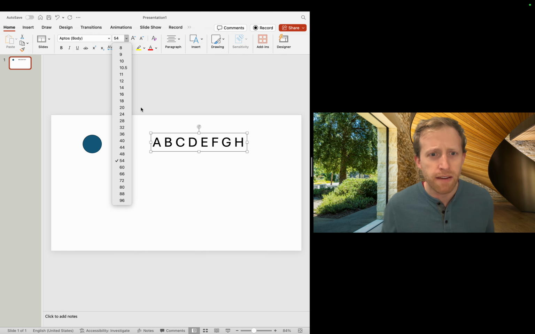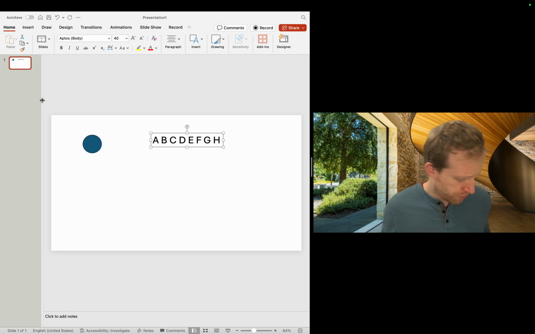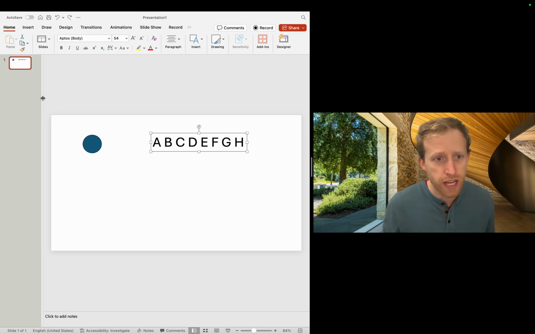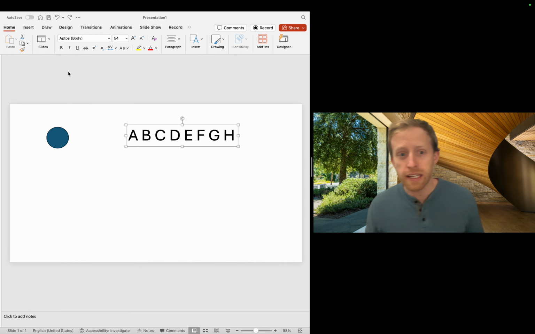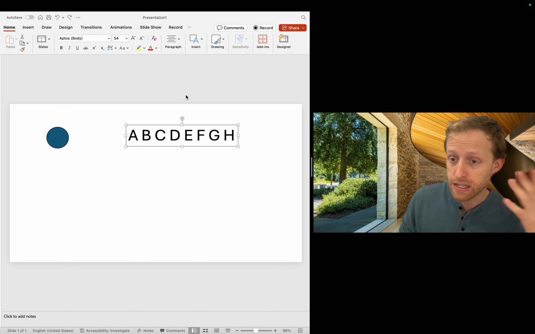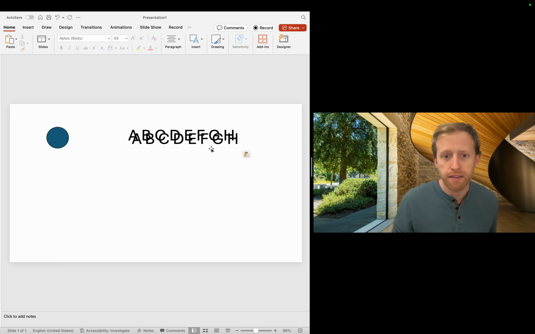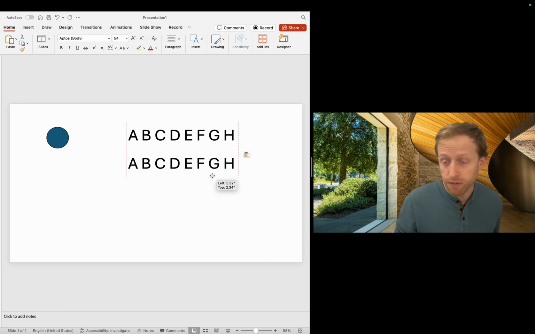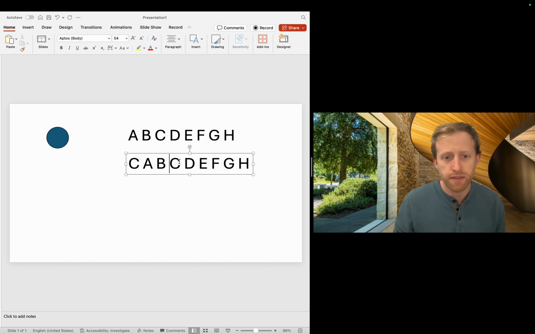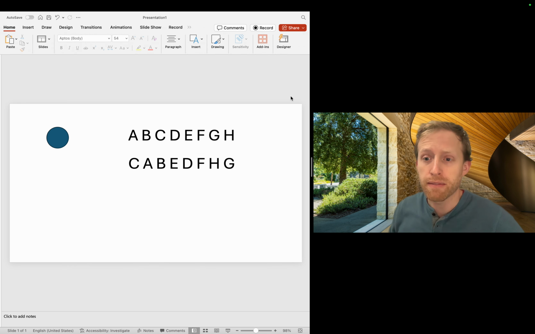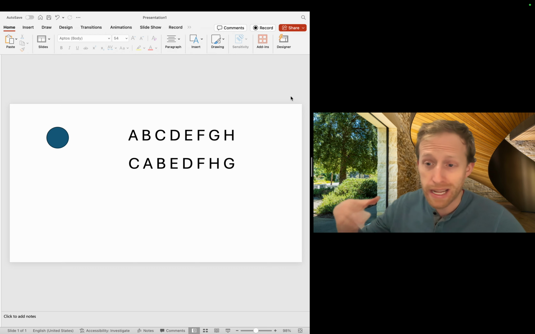So I have data A, B, C, D, E, F, G, H, and obviously that is sorted. But I could just as easily have the data inverted, or I could have C, A, B, if I was ranking students, or it could be anything really.